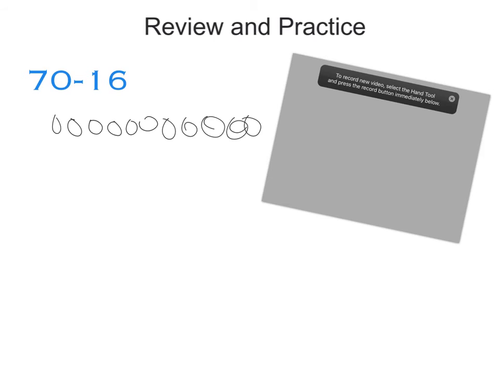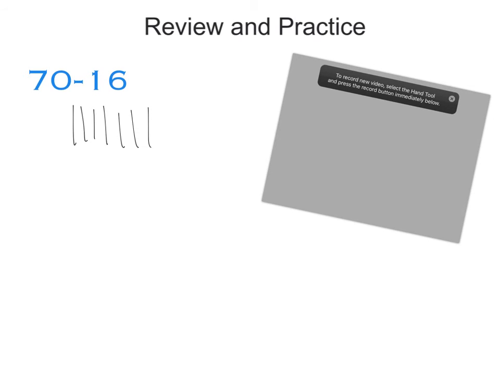That's going to be a major problem because it's going to throw my entire answer off. So what we really need to be practicing is drawing those quick 10s and 1s because we know that that's more accurate. We know that 1, 2, 3, 4, 5, 6, 7. That's going to be a more accurate representation of my number than a whole bunch of circles that I totally might lose count of, and then I have to go back and start all over again.